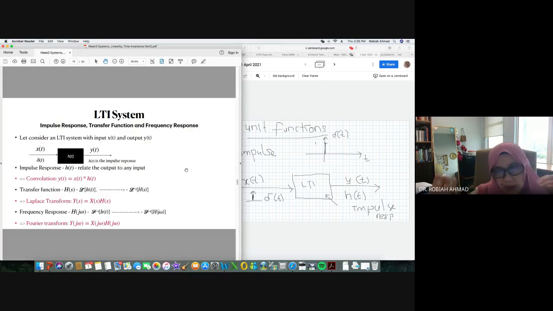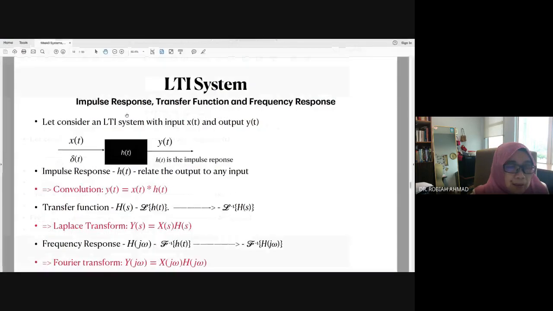Okay. So why is this so important to us? Throughout, later we will do convolution, we will do Laplace, we will also discuss the Fourier transform. So let's consider an LTI system with input x(t) and output y(t). So this is our LTI system with the impulse response inside, which describes the behavior of the system.